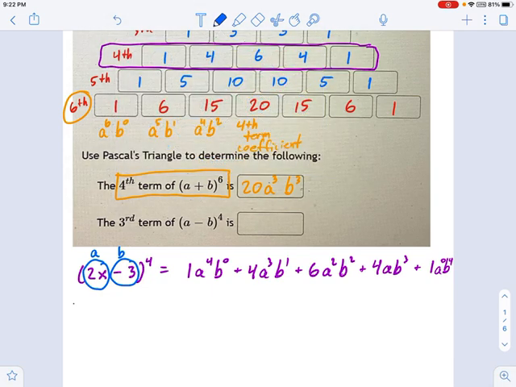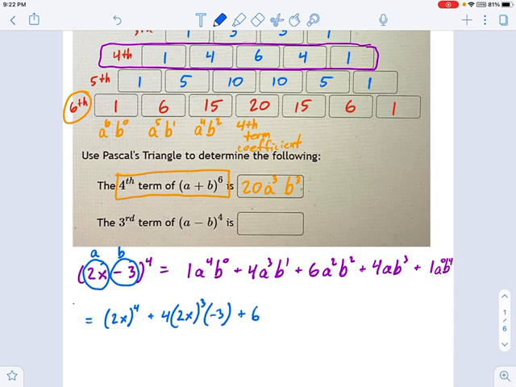And I'm not going to change color. Let's just write it here. So this becomes a^4. Well, it's not a, it's 2x. So (2x)^4. And b^0 is just 1. So we forget that. And then next, it's times 4. Remember, a is 2x, and that's to the 3rd power now. And b^1 just means times negative 3 to the 1 power. So negative 3.